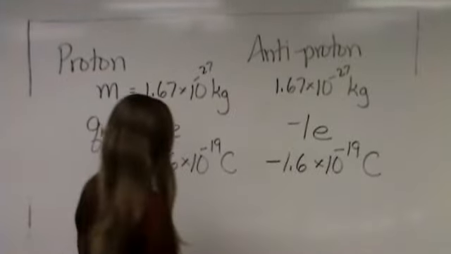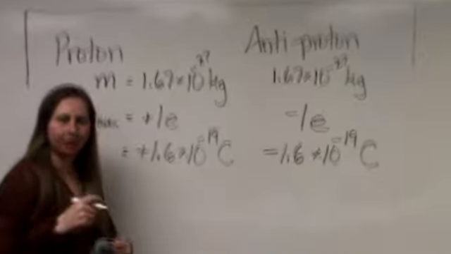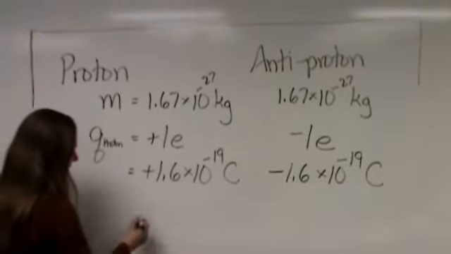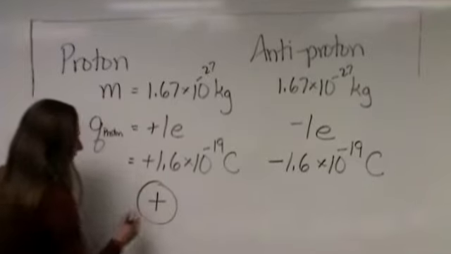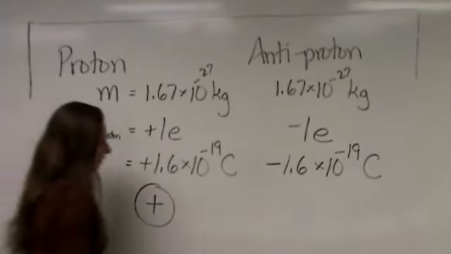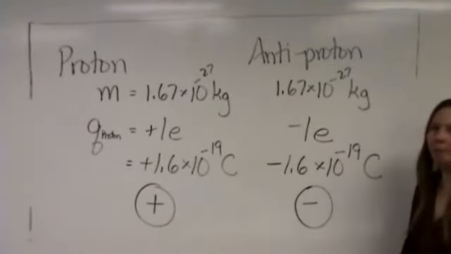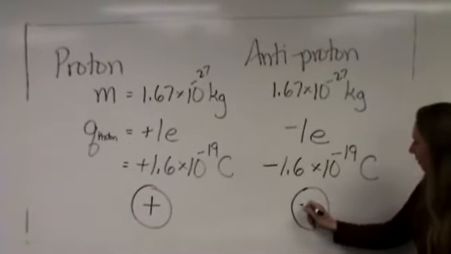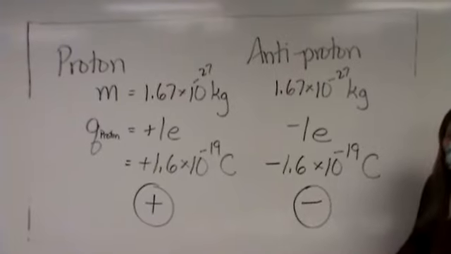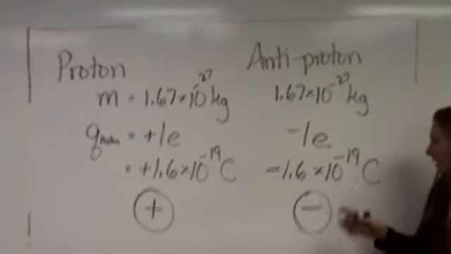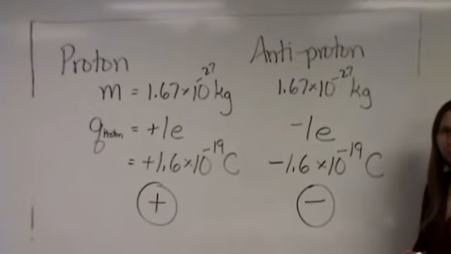Now, I'd also like to draw a diagram of a proton and an antiproton. Here's the proton, a big heavy particle, and here's the antiproton, also a big heavy particle. They are, after all, the same mass. Picture of a proton, picture of an antiproton.